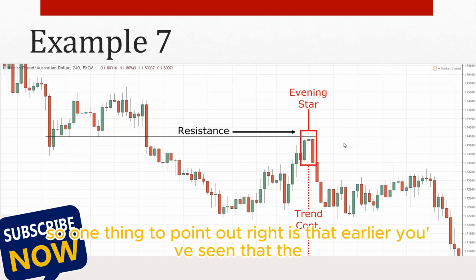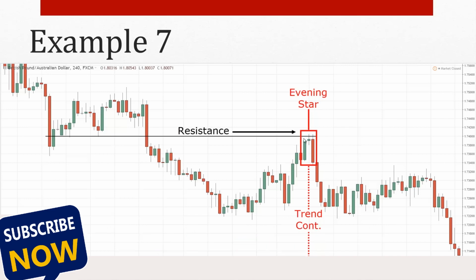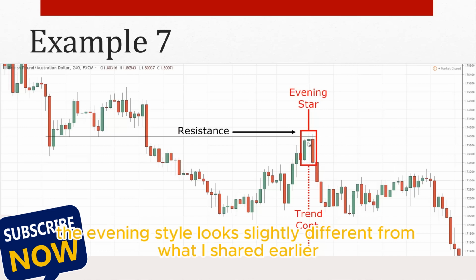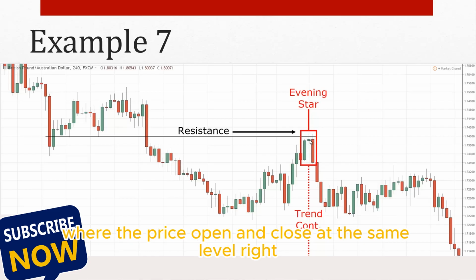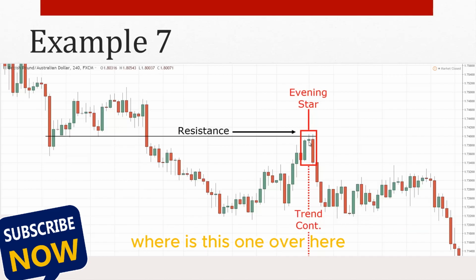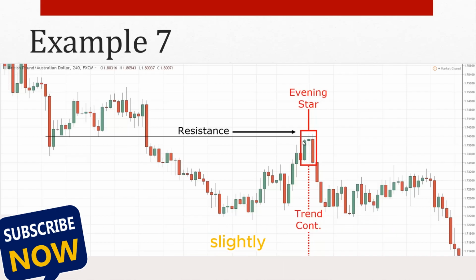One thing to point out is that earlier I shared with you the different reversal candlestick patterns, and if you notice, the evening star looks slightly different from what I shared earlier. What I shared earlier, if you recall, the middle candle shows a doji where the price opens and closes at the same level. Whereas this one over here, there's actually a slight body where the price did close higher slightly.